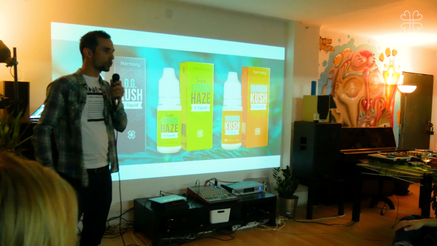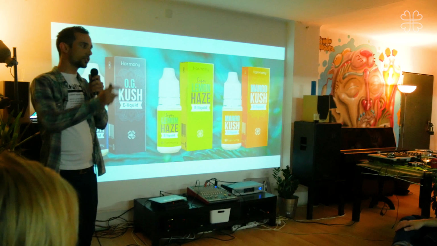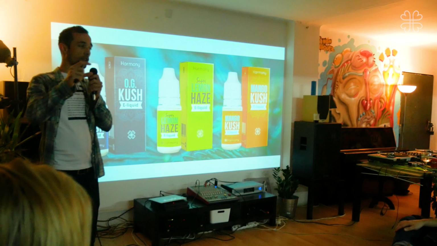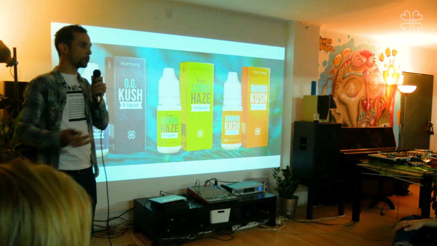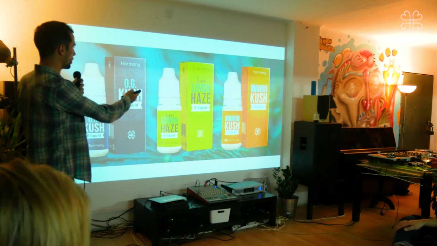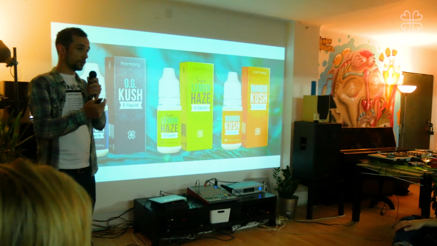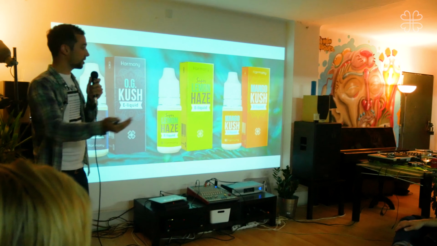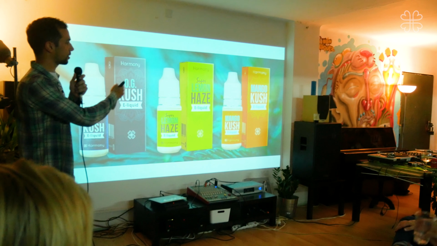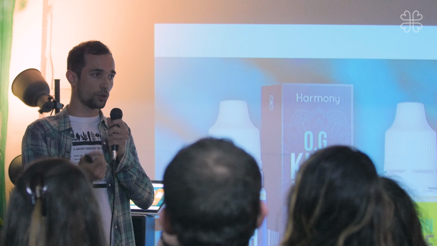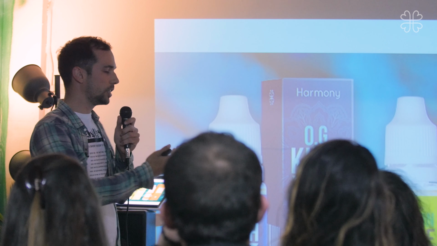These are the products we do at Harmony. It's some e-liquid for electronic cigarettes that we sell in 10 milliliter bottles. To make this type of product, we use the terpene derivative from some cannabis strains, like the OJ Kush, the Super Lemonade, and the Mango Kush. And we can recreate, thanks to the terpenes, the original flavor in an e-liquid.